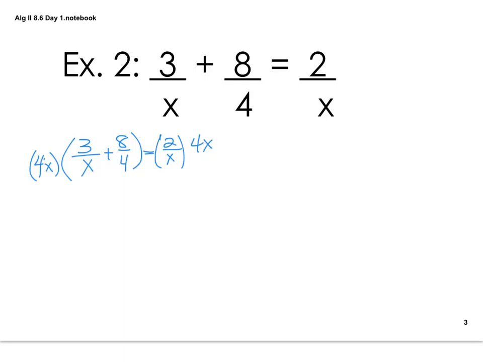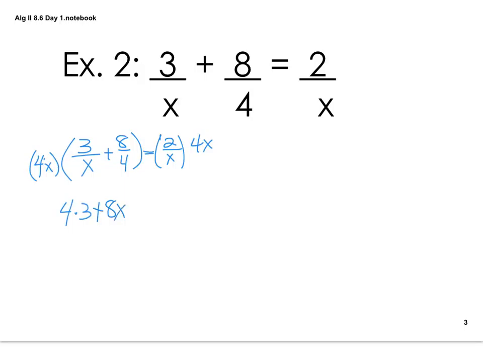In my second example, I did a little bit of my work off camera, but now you can see it. When I multiply this first term, my x's are going to cancel out, and then I'm going to end up with a 4 times 3. When I multiply this second term, my 4's are going to cancel out, and so I'm going to end up with an 8x.